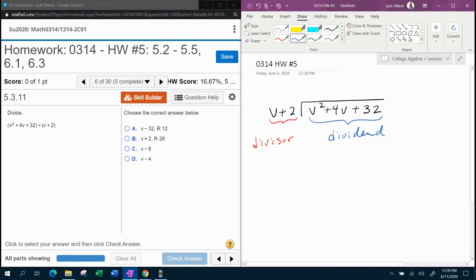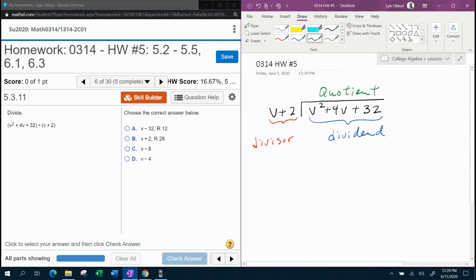And so when you're doing long division, you always want to take the first term of the dividend divided by the first term of the divisor, and that will tell you the first term of the quotient. So whatever goes up here, this stuff's going to be the quotient.